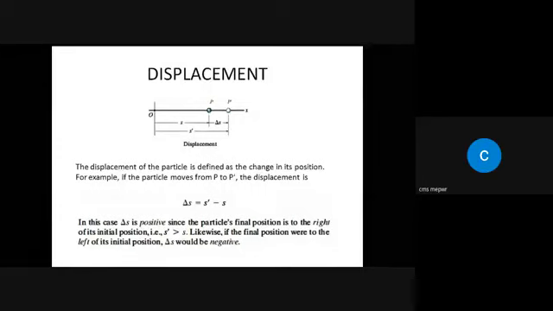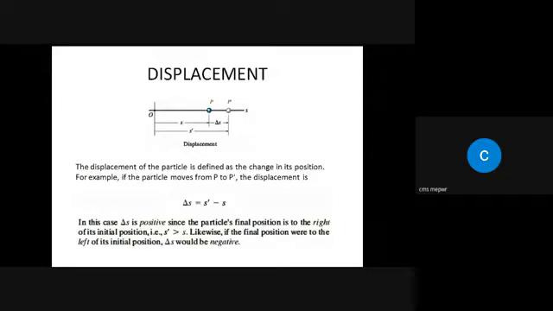So the change in position, let's say, is represented by delta S. We know that the change in position is basically known as displacement. So how can we find this displacement? It is basically the current position minus the previous position, meaning the final position minus the initial position.